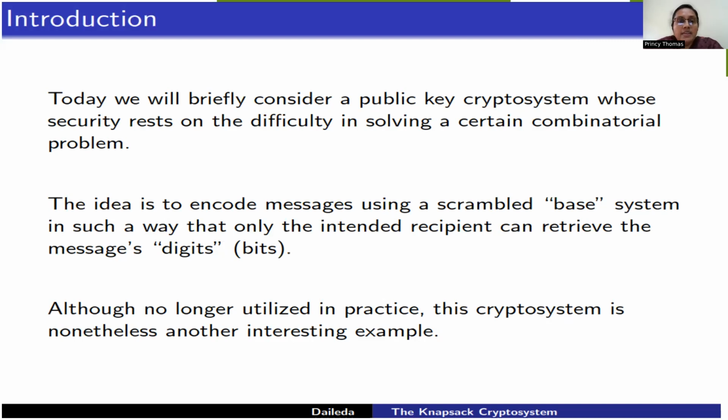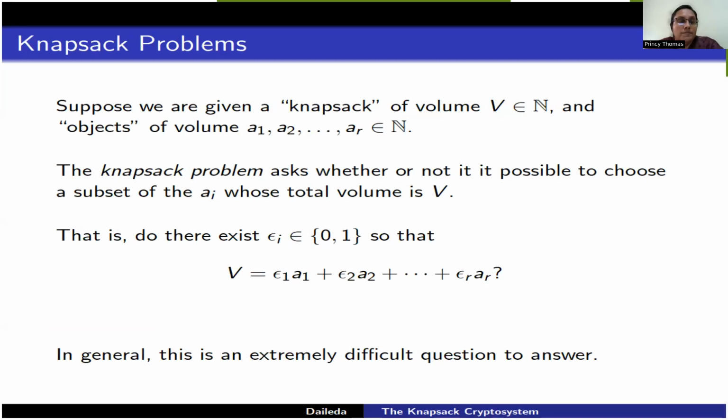The idea is that to encode a particular message, there is a base system, and from that base system, only the intended recipient will be able to retrieve the digits in the message. This particular system is not used at present, but it is part of the syllabus, and it's an interesting crypto system. So it is being taught.